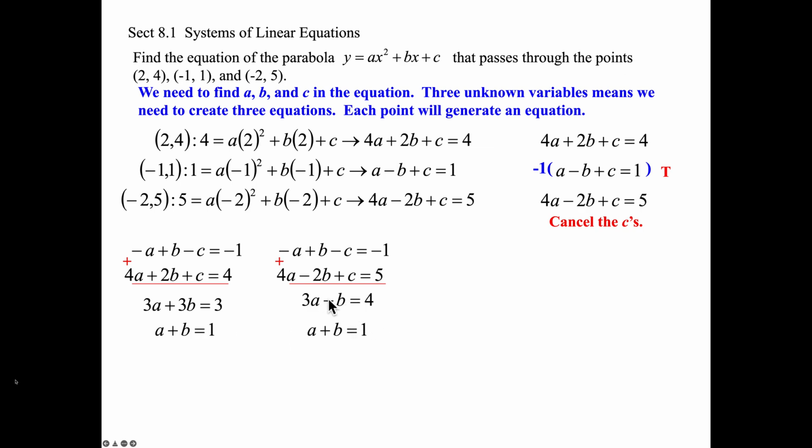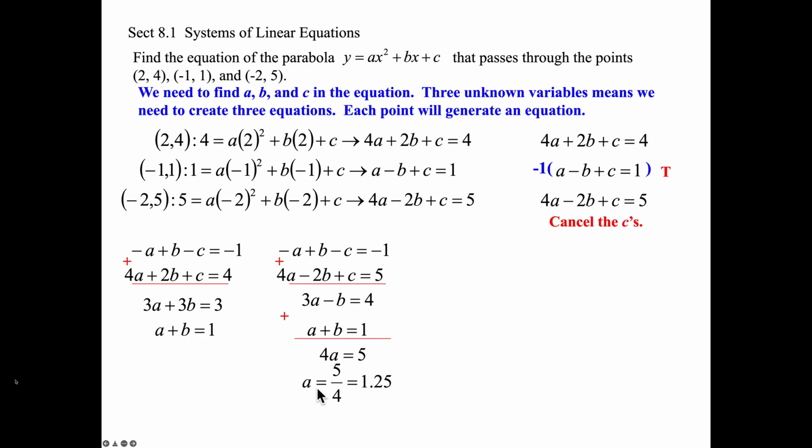Oh, perfect, my b's are opposite already. 3a plus a will be 4a. Add this together, the b's cancel. 4 plus 1 is 5. Divide by the 4. And a is equal to 5/4, or 1.25 if they want you to enter it as a decimal.